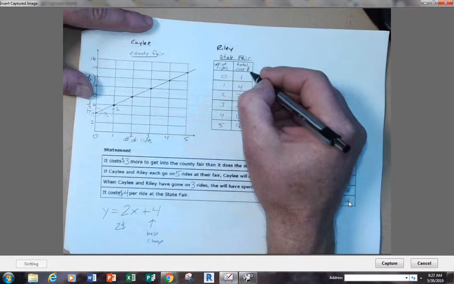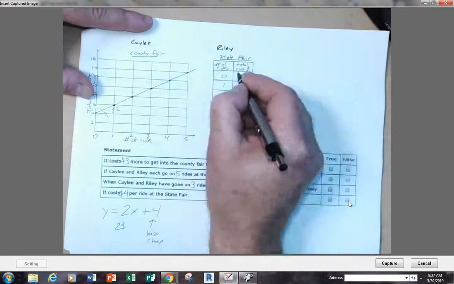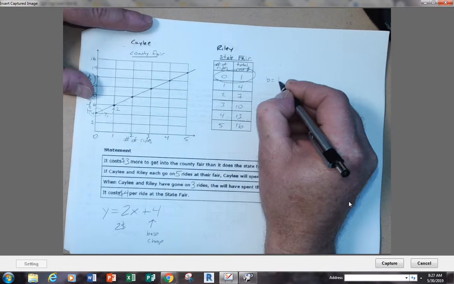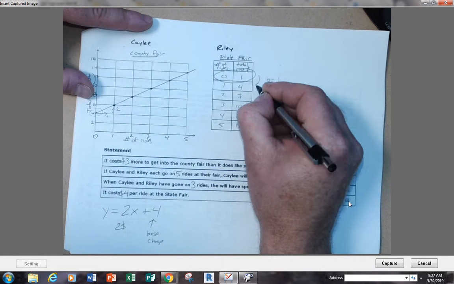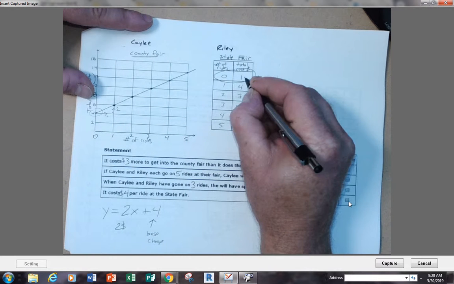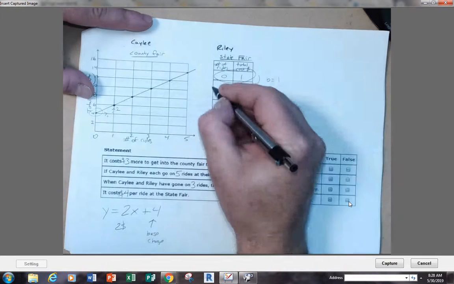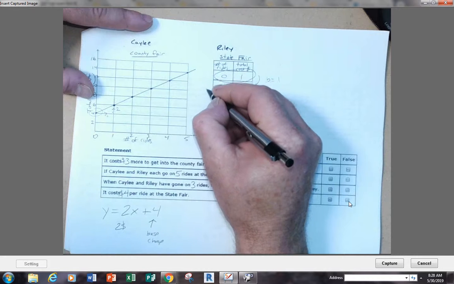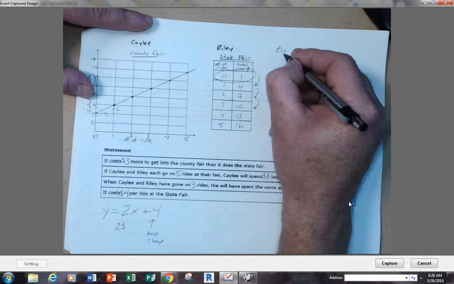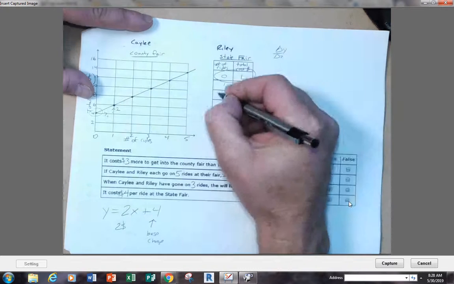For Riley going to the state fair, her y-intercept is 1. That's her base charge. That's her B number. Her slope, or her M, or her common difference, comes from how much these are going up. And again, because my x numbers are just going up by 1, I don't need to worry about finding my slope, which is change in y over change in x, if these were not going up by 1.